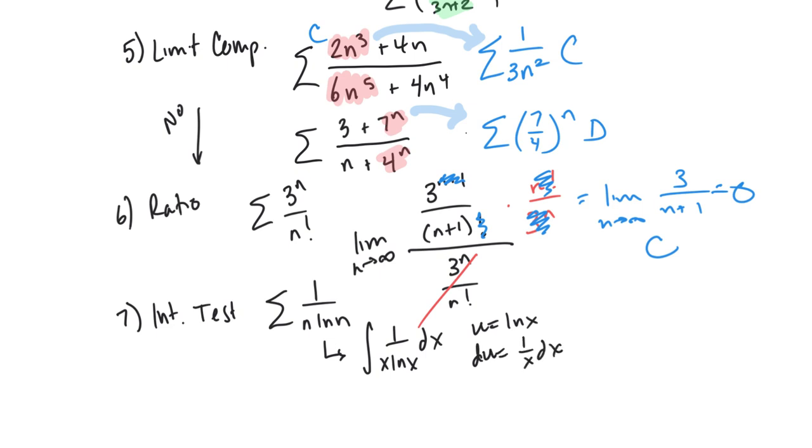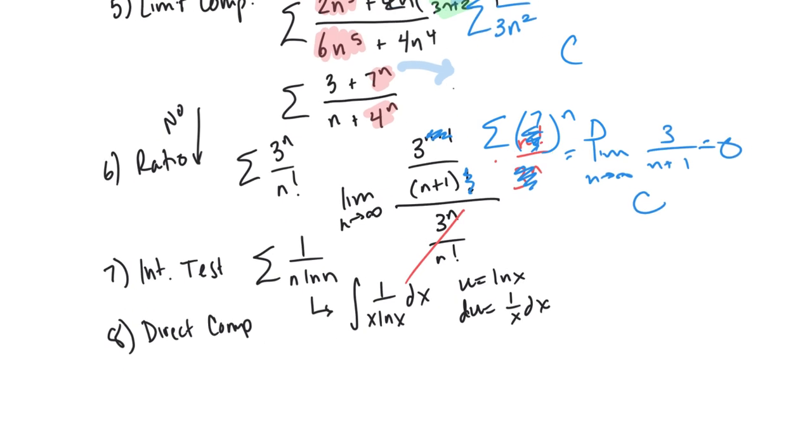And see if that converges or diverges. And the final one is what's called direct comparison. And direct comparison could also work for things like natural log. That's a good time to use it.